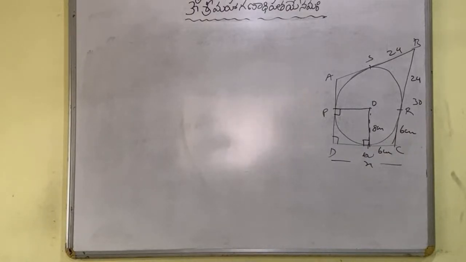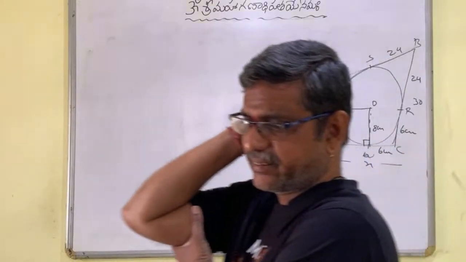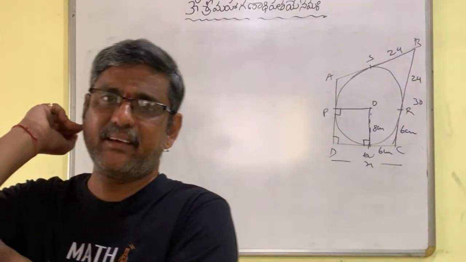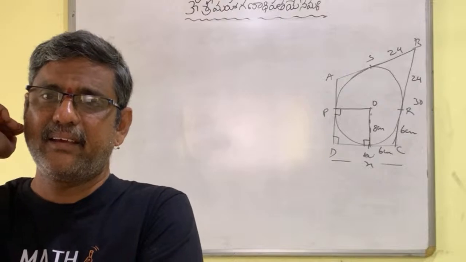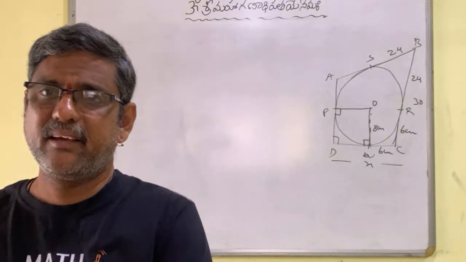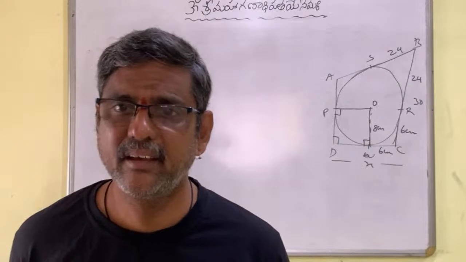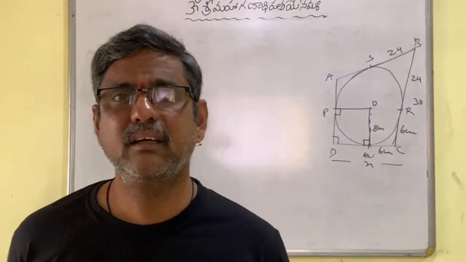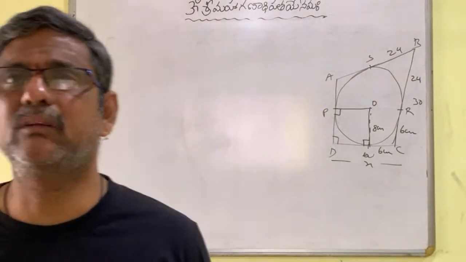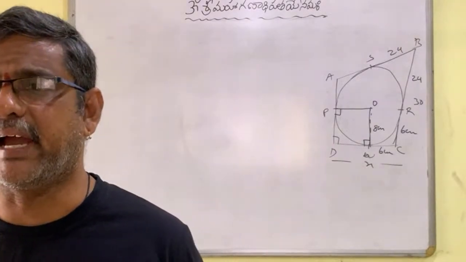Radius drawn to the tangents are perpendicular. Yes, tangent is perpendicular to the radius at their point of contact.